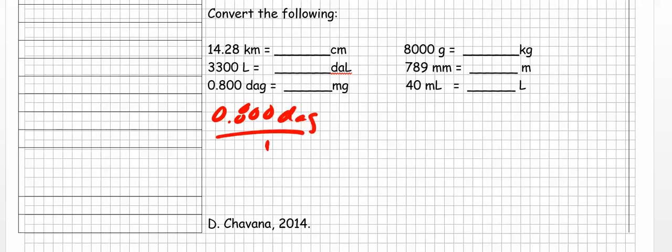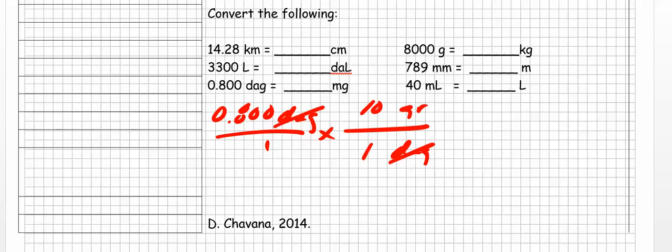We'll put that over 1, just like that. And then whatever's in the upper left-hand corner, we'll put in the lower right-hand corner. So DAG, just like that. We're going to go to the unit, which is grams. Now, how many grams are there in a decagram? 10. So I'm going to put a 10 right there and a 1 right there, just like that.